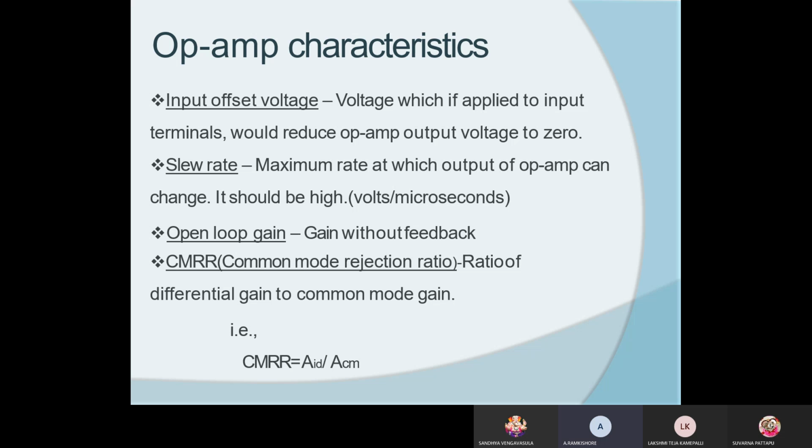Input offset current is the differential current that flows into the inverting and non-inverting terminals of the op amp with output voltage 0.